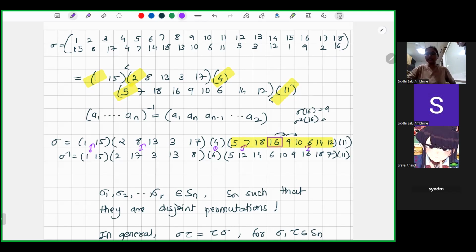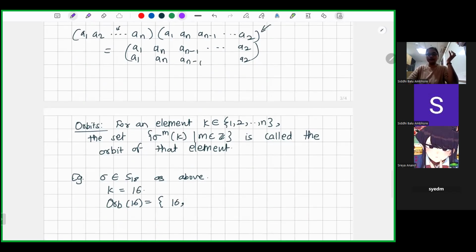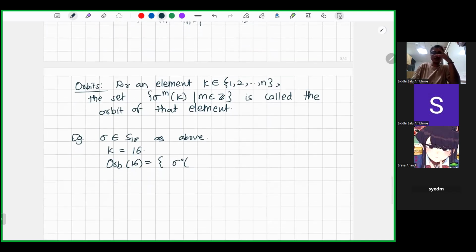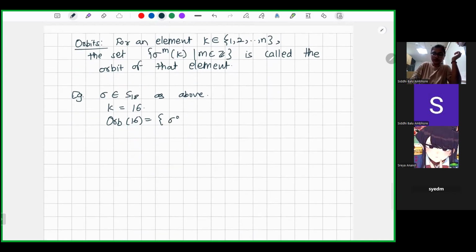It will stay in this cycle only. I hope that's understandable. If there is any doubt, please let me know. All I'm saying is, what is this? This is my sigma 0. See here, we are taking Z, so that does not matter anyway. It also contains 0.